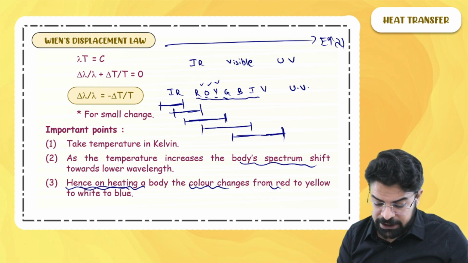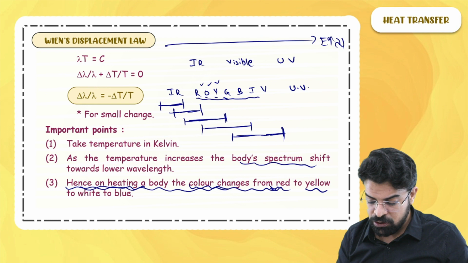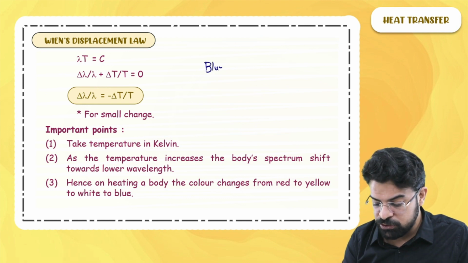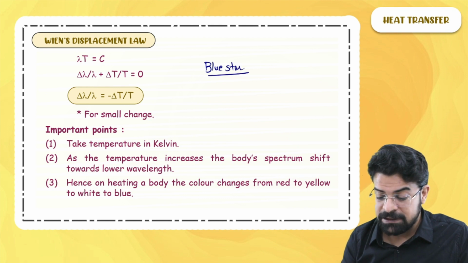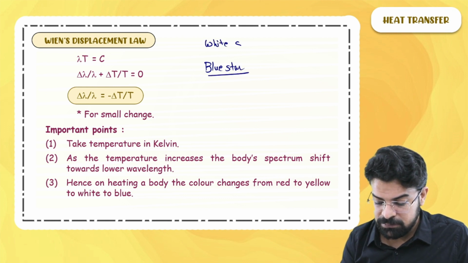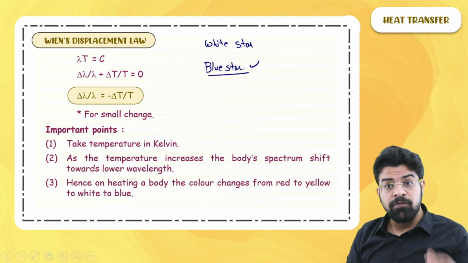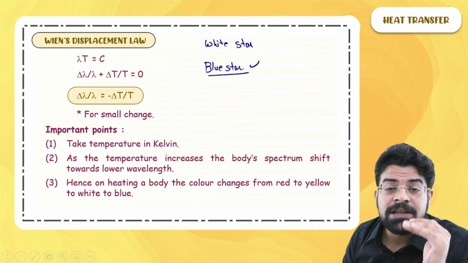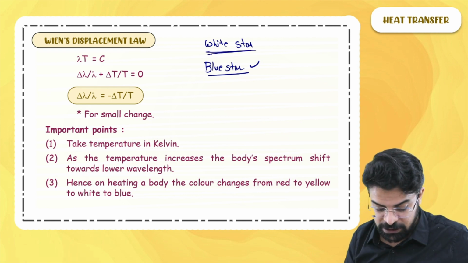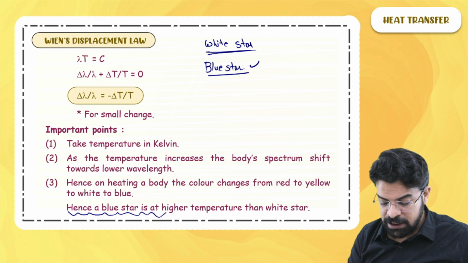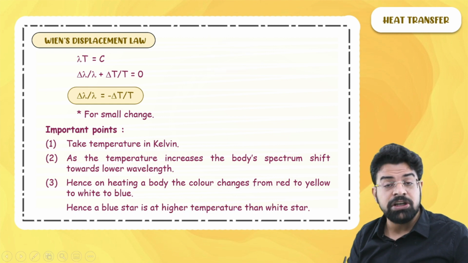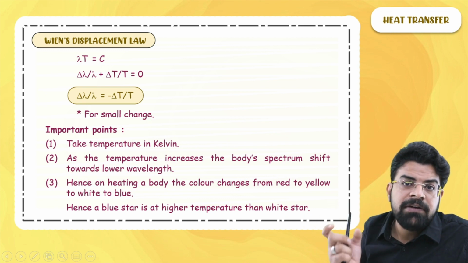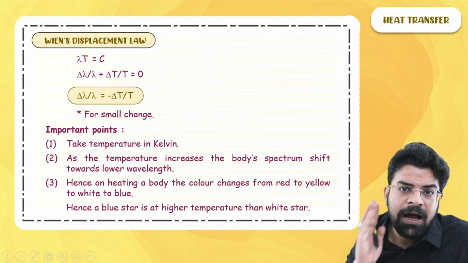So on heating an object, the color changes from red to yellow to white and then to blue. You might have heard of this term blue star. Our sun is a white star. But a blue star has higher energy than a white star. Blue stars are at higher temperature than the white star, because their spectrum is shifted towards even lower wavelength, corresponding to higher energy.